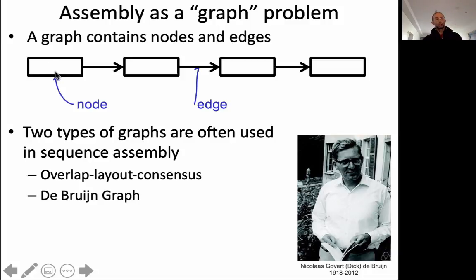Nodes could contain something, and edges contain connections between the nodes. There are 2 types of graphs that are often used in sequence assembly. One is the overlap layout consensus graph, and the other is the De Bruijn graph, which is named after the Dutch mathematician Dick De Bruijn. I will discuss both.